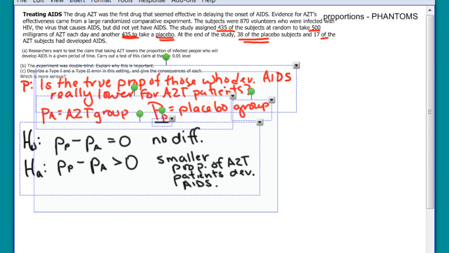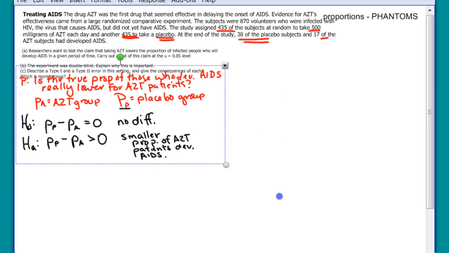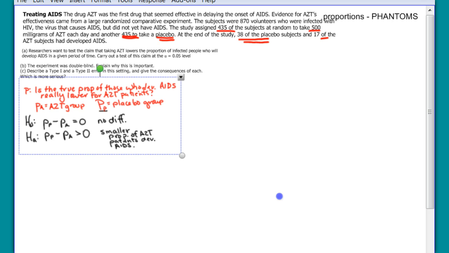I'm going to take that and make that all a little bit smaller so that I have enough room to write here. So there I am. I think we can still read that okay. Let's talk assumptions. We need to deal with random. Do we have random assignment here?